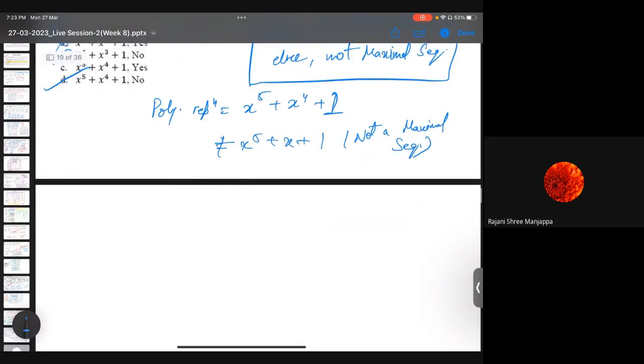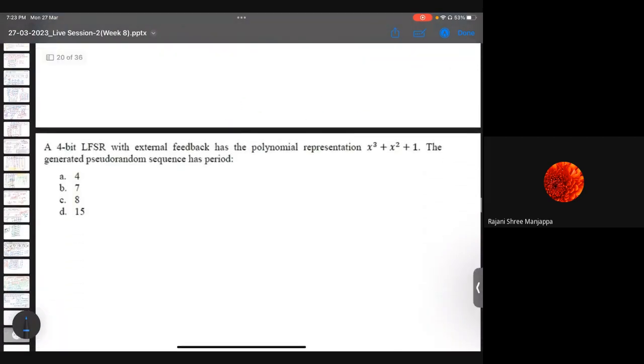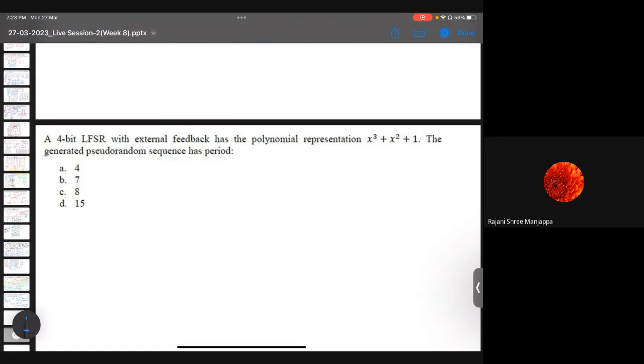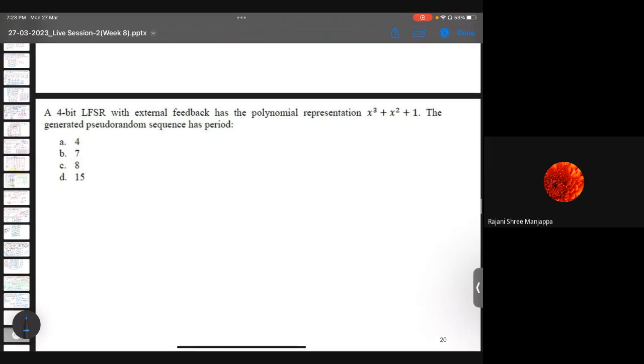Fine. So now try to do this question. I have told you enough concepts of LFSR. Just tell me what will be the period of this LFSR. I have done this question earlier also, so maybe you can repeat it. It will clear your concepts. First, make the circuit of this LFSR and then tell me the period. You can type your answer in the chat box.